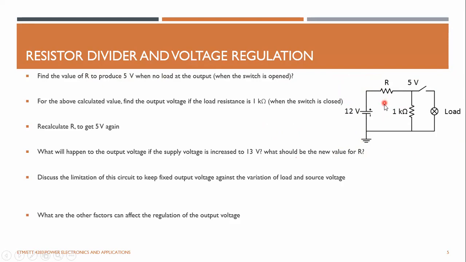In this example, we have a load, which could be a light bulb, and we have a 12 volt supply, and we have a 1K resistor. All we need is a 5-volt output at this load, right? We can find it by using the resistor divider rule.